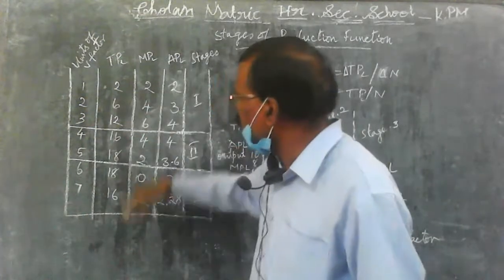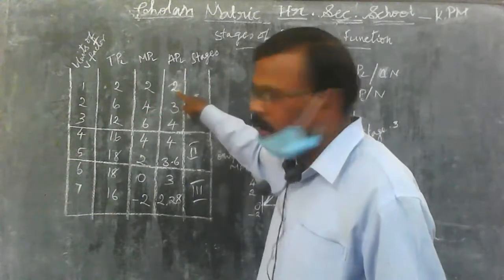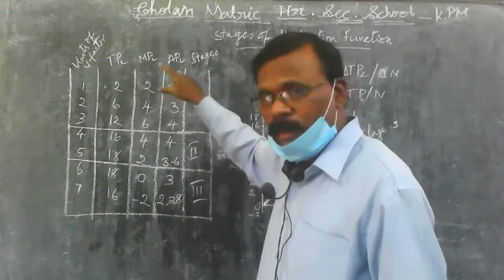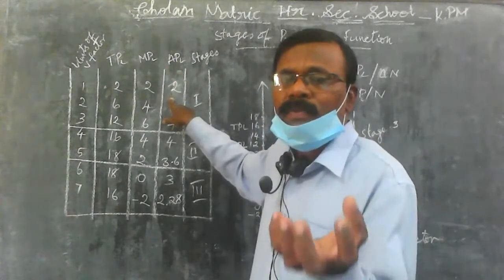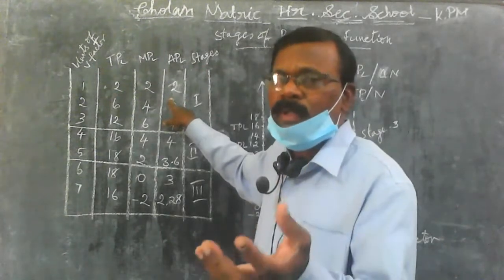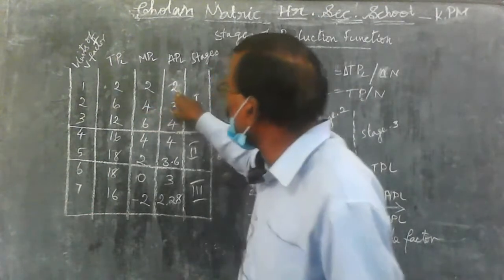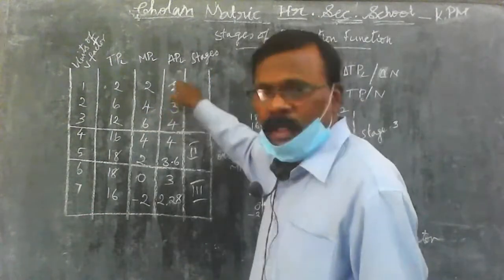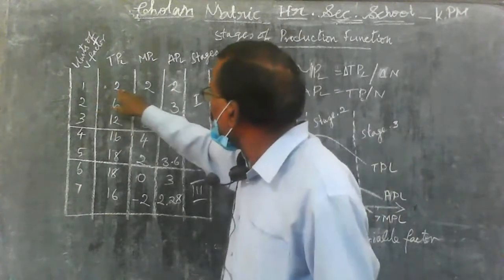So likewise it goes. Then average product, that is the result of the total product divided by the total number of units of input employed. Now, how do we get average product? You see, divide this one.